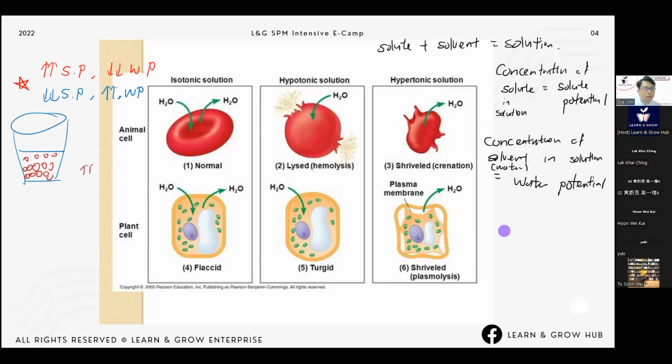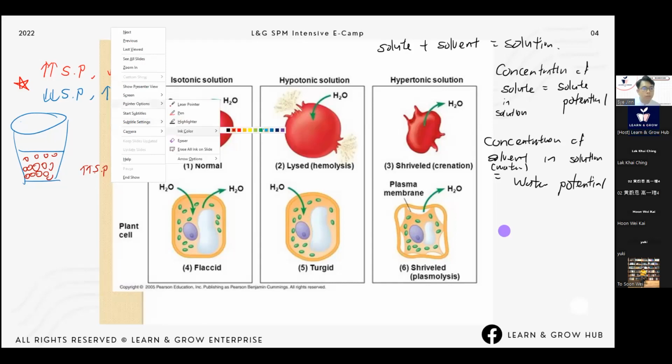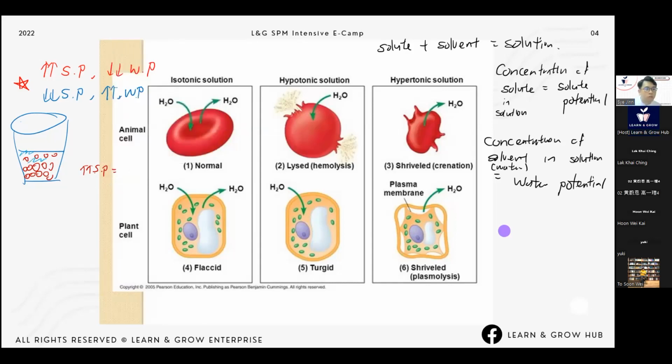So if there is high solute, and I draw water in another color, it means low water potential. The same applies to the other case.